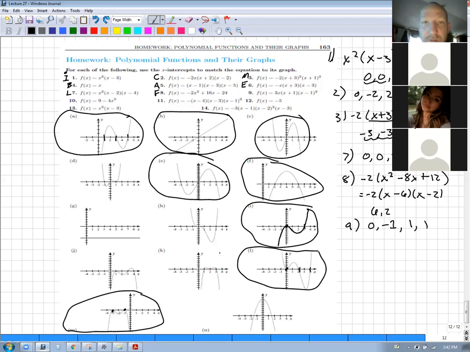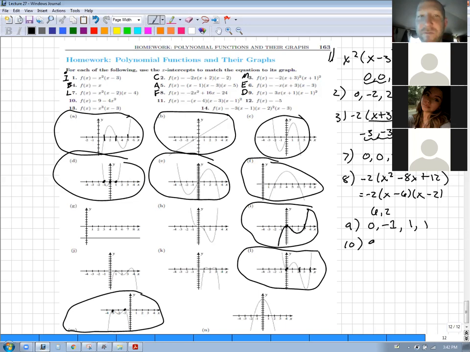So right here, D, it crosses at -1. No, that ain't it, because it's crossing at 0. No, that's right. It needs to cross at 0. It's just touching at 1. Yeah, so it touches at 1, crosses at 0, crosses at -1. So this one's D.